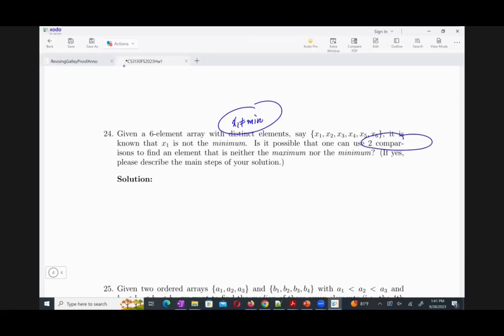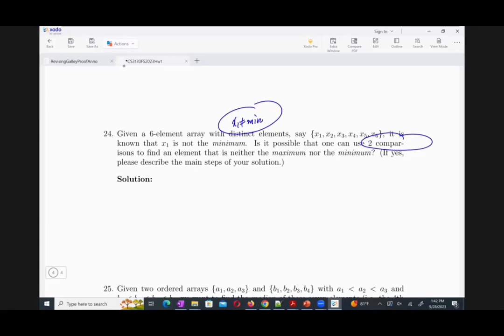This question is related to one of our quiz questions. For a 500-element array, can we use fewer than 8 comparisons? The answer is 3 comparisons, because we can reduce to 3 elements. Now let's take that solution here.